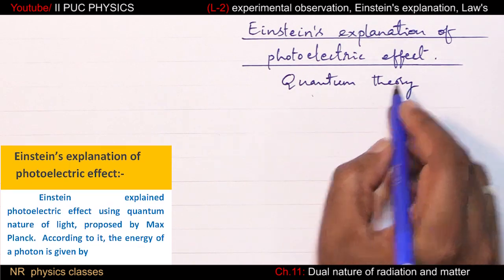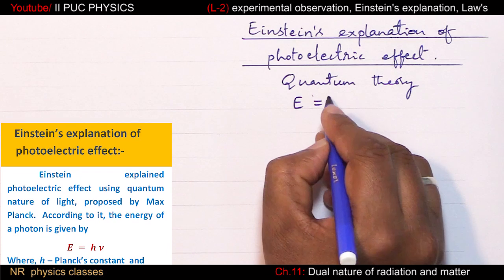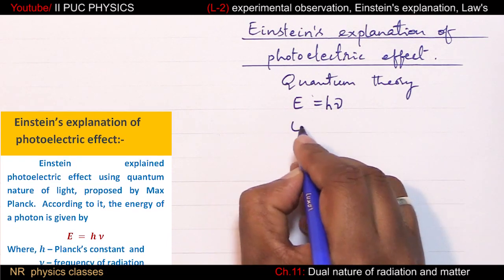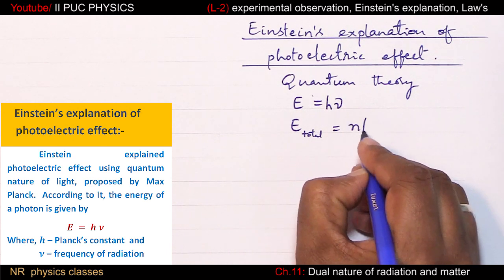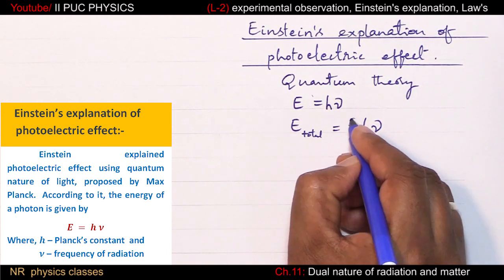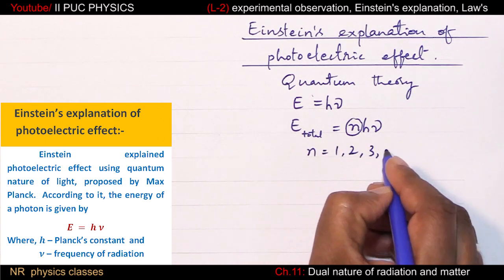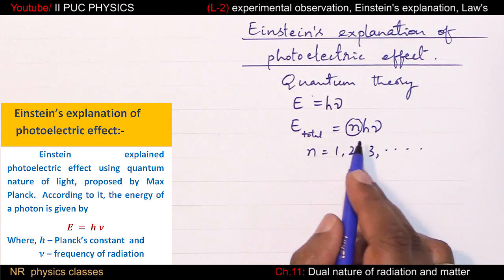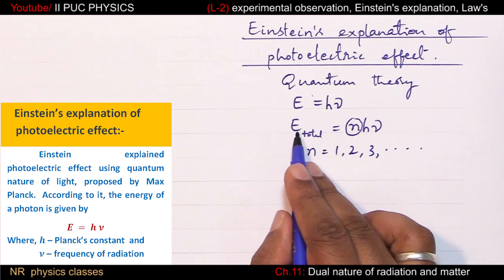This quantum theory says the energy of a photon is given by h nu, and total energy is n times h nu, where n is 1, 2, 3, 4, the number of photons. Okay, we cannot have a fractional photon. It should be an integral multiple of h nu, which gives the total energy.